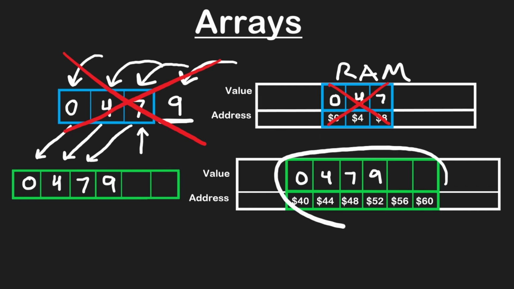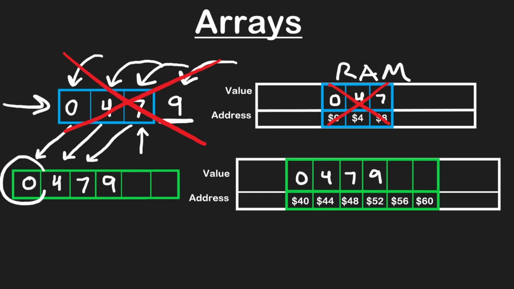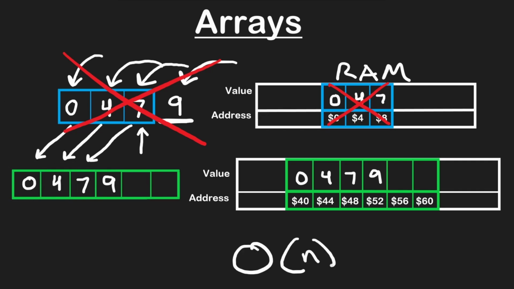But regardless of that, we also had to take the original values from the original array and move them into the second array. We had to push every single value. So that was also big O of n, where let's say n is the length of the array, meaning the actual values that exist in the array.